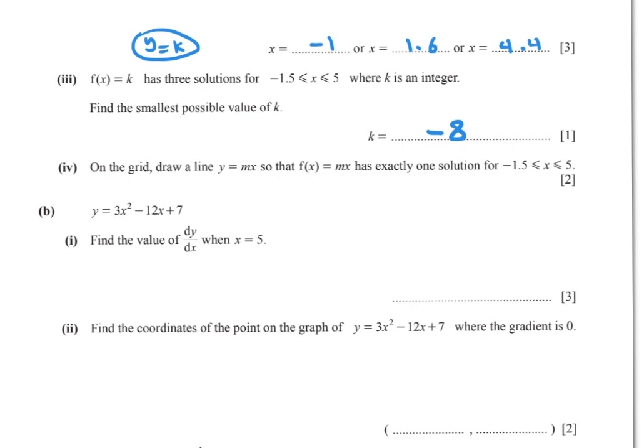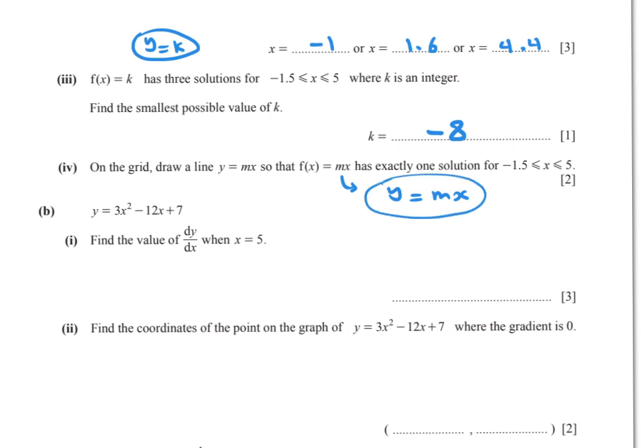On the grid, draw a line y equals mx, so that f(x) equals mx has exactly one solution. This means the line intersects the curve at 1 point. To solve this, we need to draw the line y equals mx that intersects the curve at 1 point.